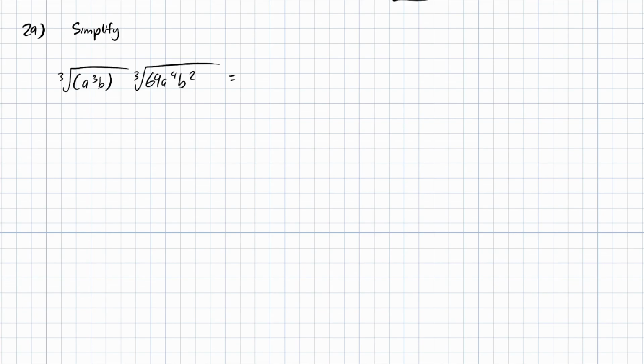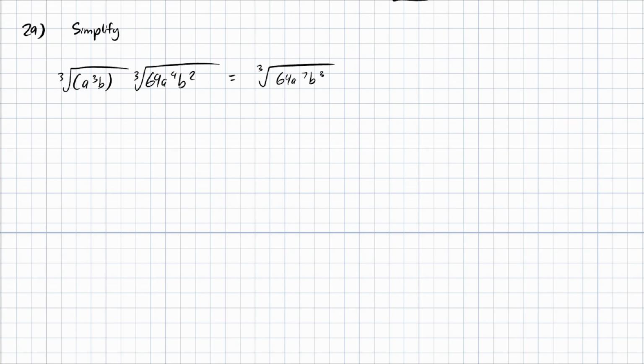Actually, I'm going to rewrite this first. The cube root of, so we have the same exponents, right? Two cube roots, so the same 1/3, and everything multiplied together, so I combine everything under one radical. So I'm going to do 64 a to the 7th b cubed.